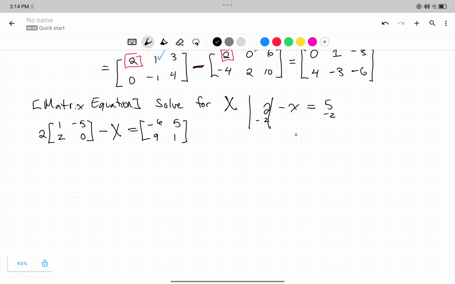That would cancel. Negative x equals 3, and then you would divide both sides by negative 1 because that cancels and then equals negative 3. So you want to use a similar type of idea, just as long as you're following the rules for a matrix.